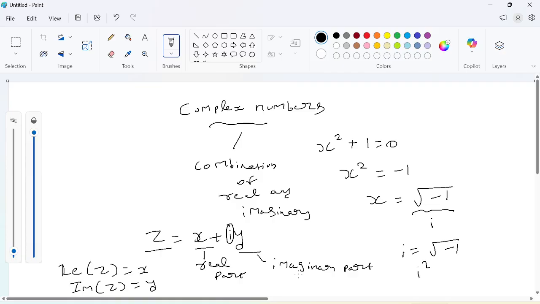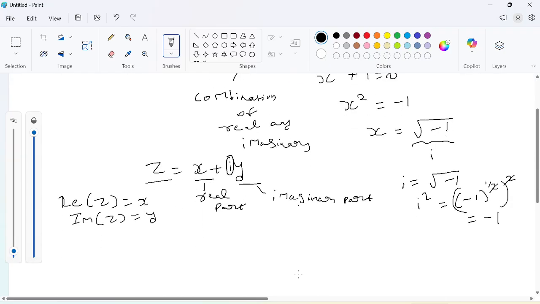Then what will be i square? i square will be minus 1 whole power 1 by 2, whole square. Now the 2 gets cancelled, and you will get minus 1. Now what will be i cube? i cube will be i square into i, which is minus 1 into i, which is minus i.